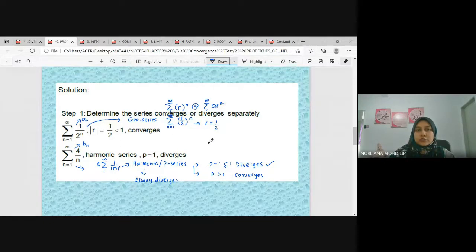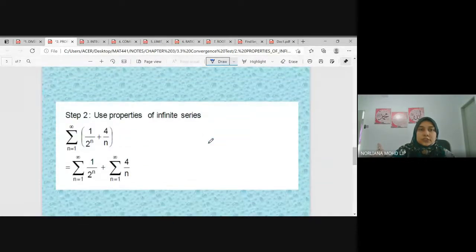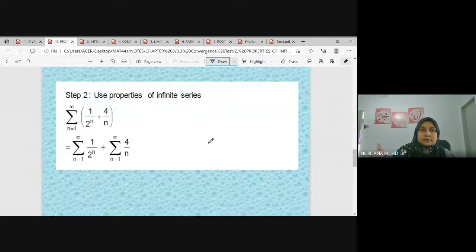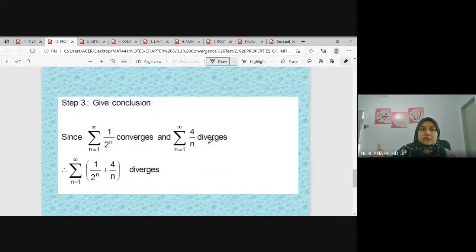Okay, so the conclusion, step 2. Terus conclusion lah. So the series of 1 over 2 power of n plus 4 over n is diverge.